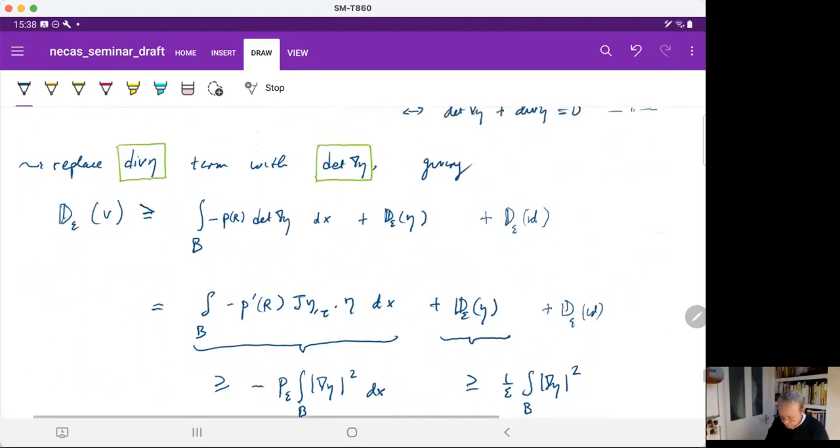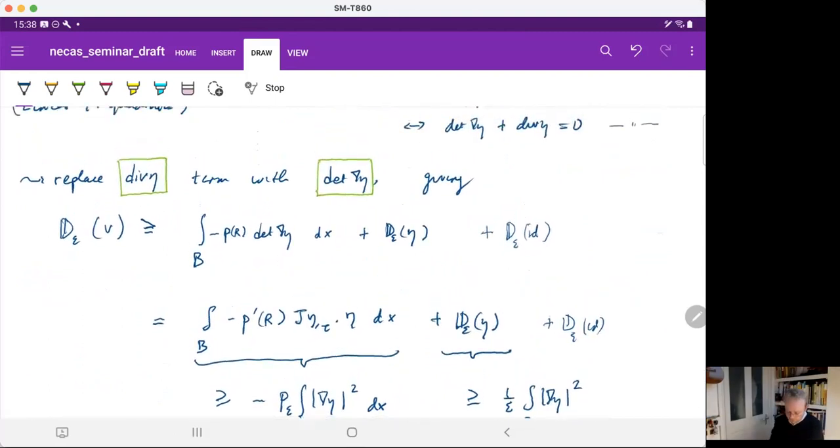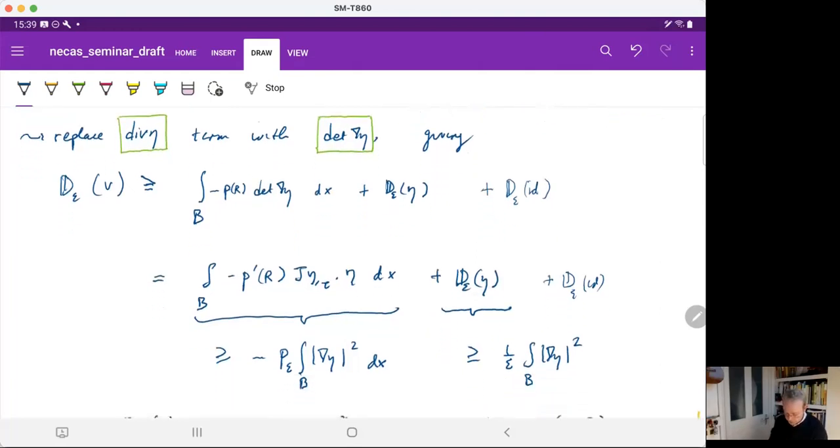Now the point of exchanging what is a linear term for a quadratic term is that now you have a chance of combining these first two terms. So you find that this d epsilon eta is bounded below by something that is nice and quadratic, and by using various tricks from the literature, you can bound this second term below by something that is also related to the Dirichlet energy.